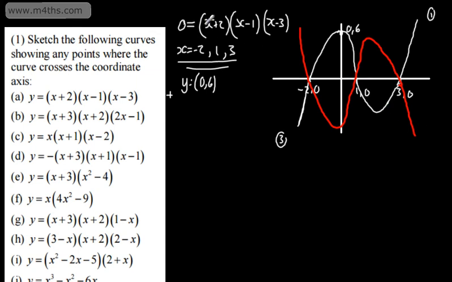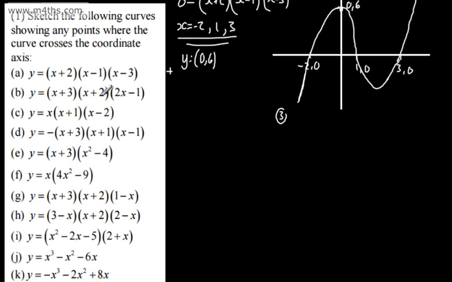That would be if there was a negative out front here, or one of these was, for example, 1 minus x or 3 minus x. So let's look at the key features of that. Positive cubic equation, we've got the roots of negative 2, 1 and 3, and then we found where it crosses the y-axis, and that's where x is 0. So let's go ahead and look at the next one and write down the key information.